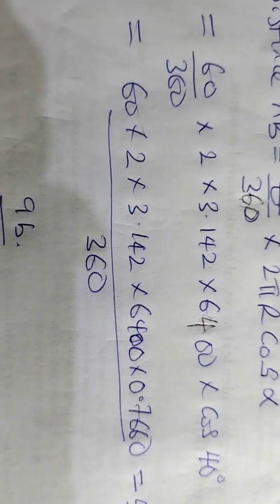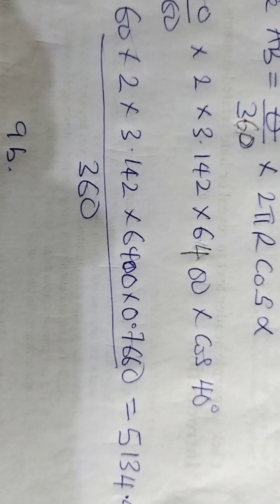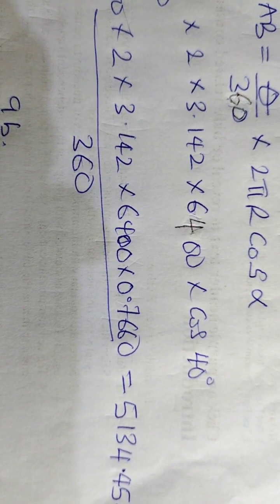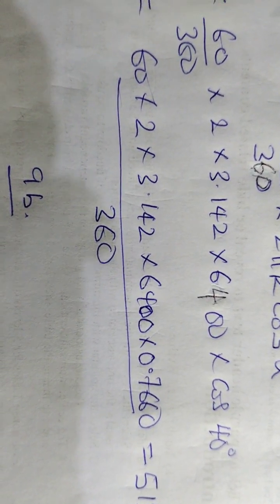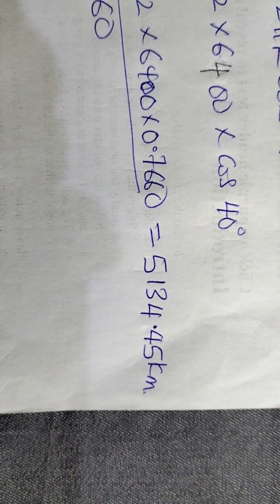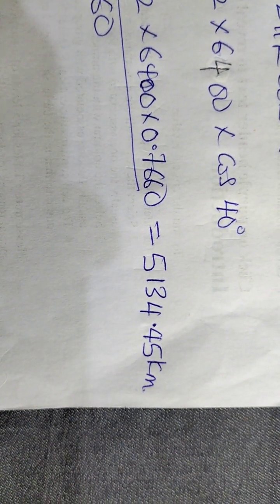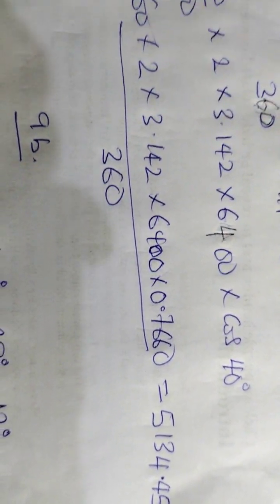Solving out to have 60 times 2 times 3.142 times 6,400 times 0.766, which is the value of cos 40, over 360. Then manipulating that, we have the final answer as 5,134.45 kilometers to 2 decimal places.